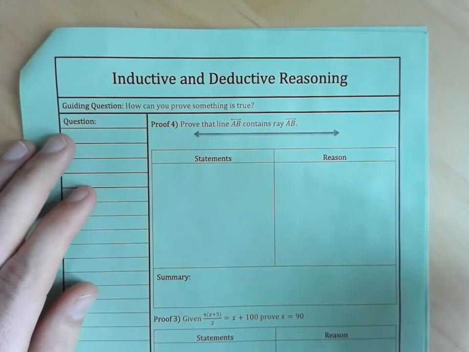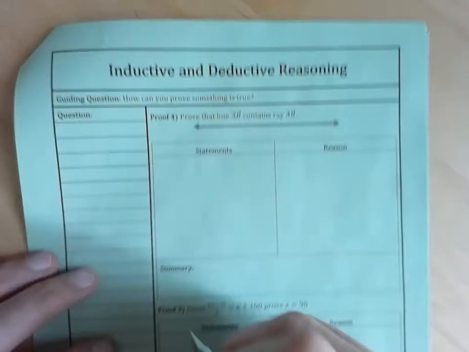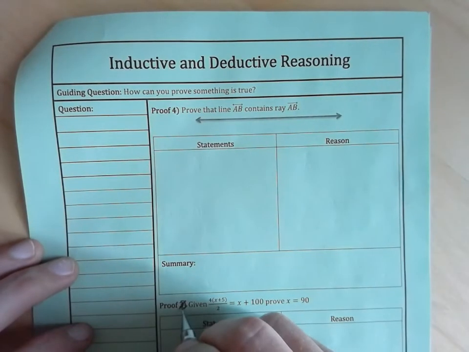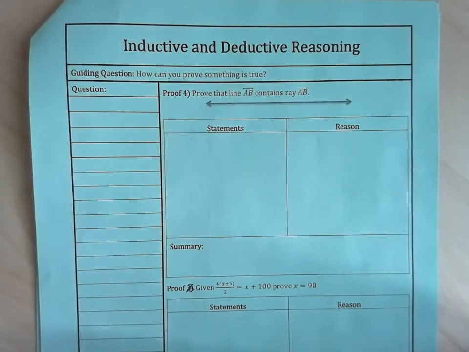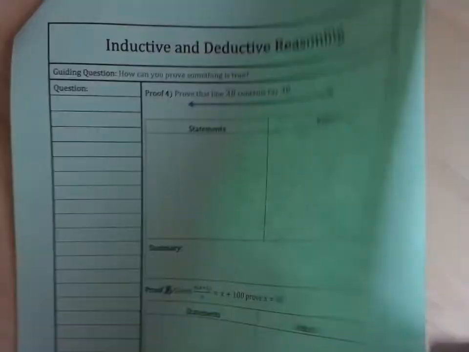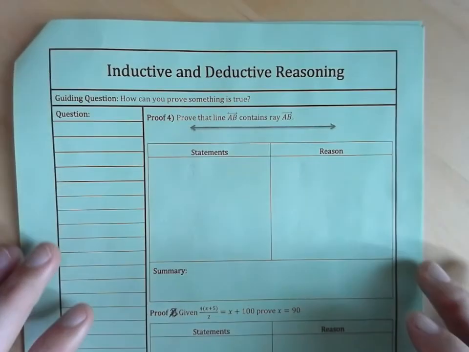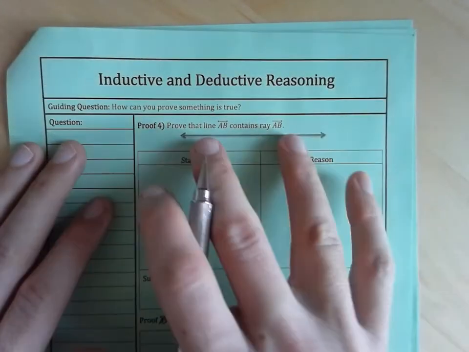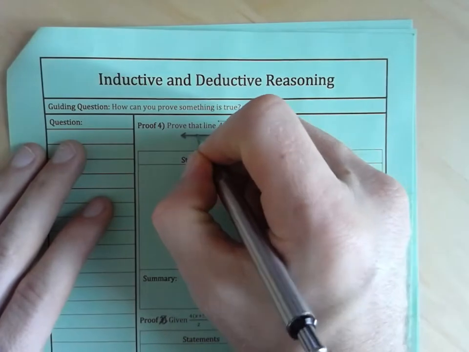And there's 2 more examples here in the notes. Should be example or proof number 5 right here. I guess I'll go ahead and work through those quickly. Prove that line AB contains ray AB.